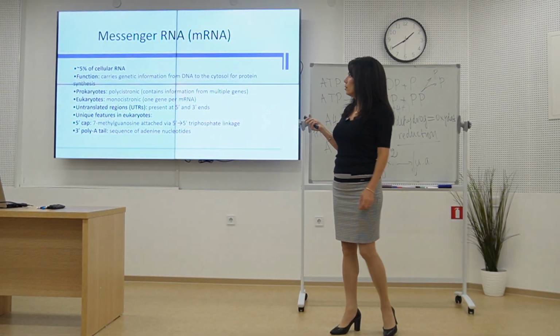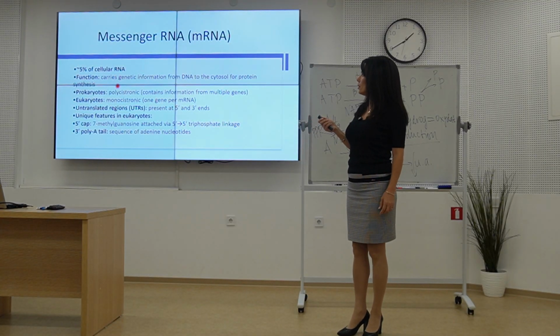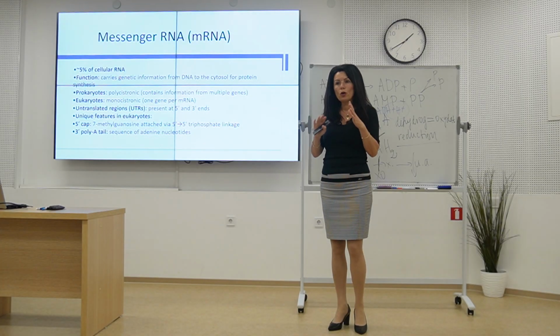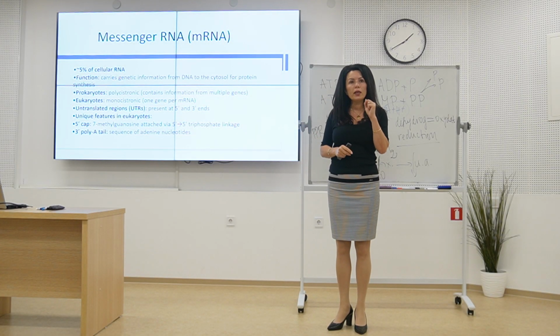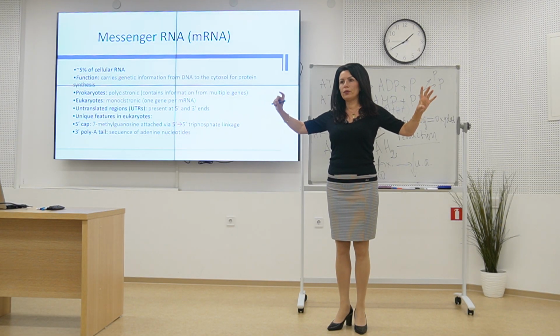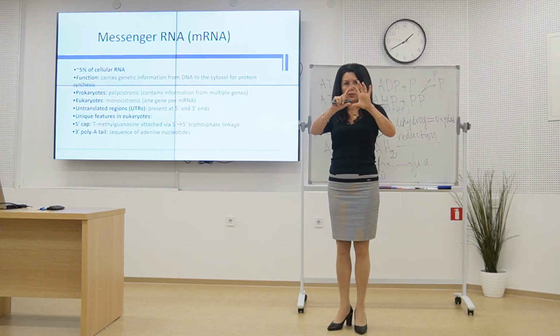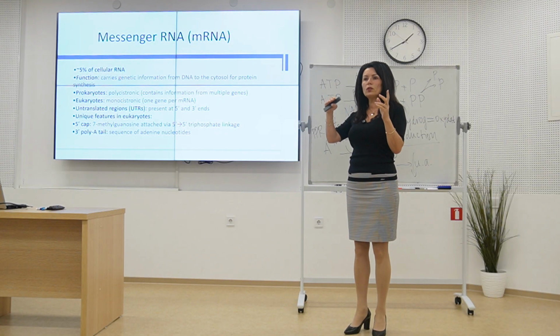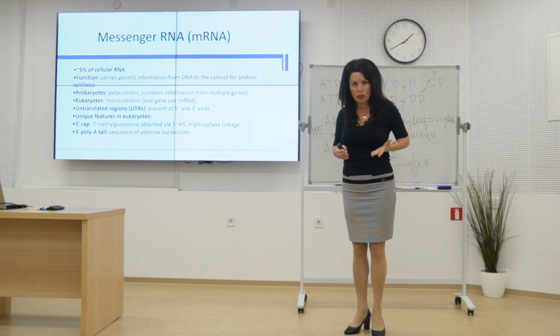Something about the main types only. Messenger RNA, 5%, and the most important thing, if we're talking about synthesis, is that at the beginning of mRNA synthesis there is formation of a precursor of mRNA, an inactive, very big form of mRNA, which undergoes the process of maturation.